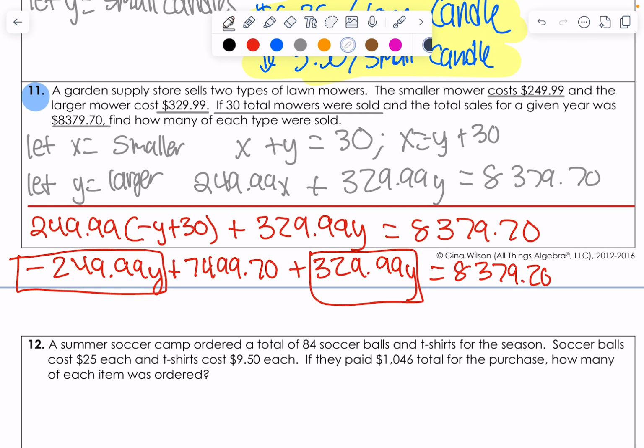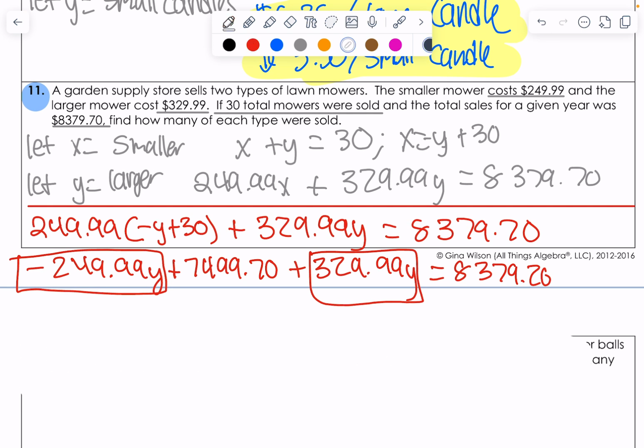And I'm also at this time going to get us some more room because I write humongous. Very good. Thank you. And so let's combine our like terms. What is negative 249.99y plus a positive 329.99y? 329.99 minus 249.99.